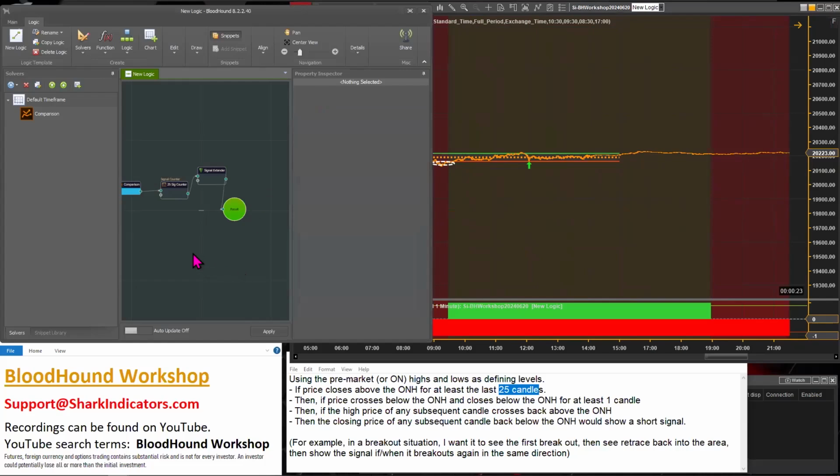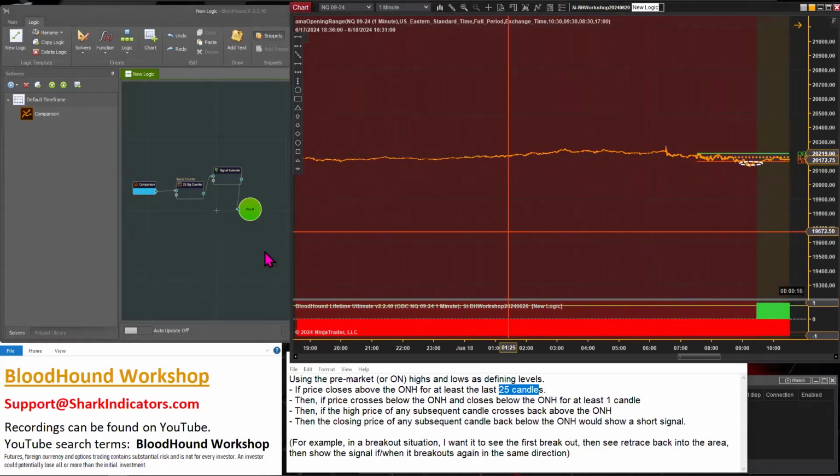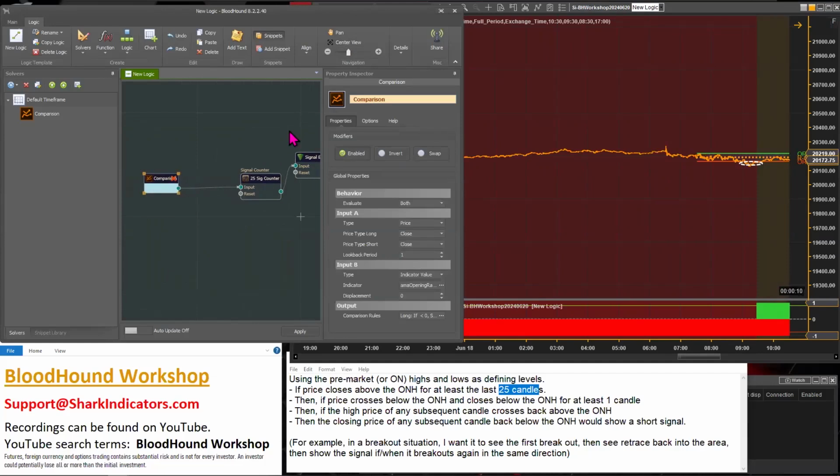So what I'm going to do, and actually, I should have given this comparison solver a name first.